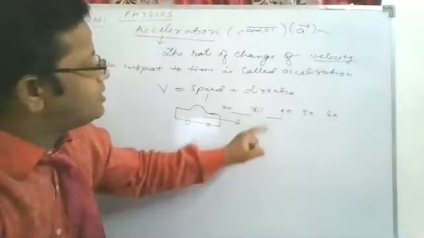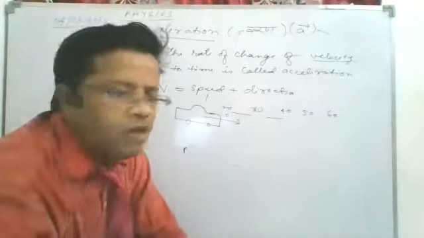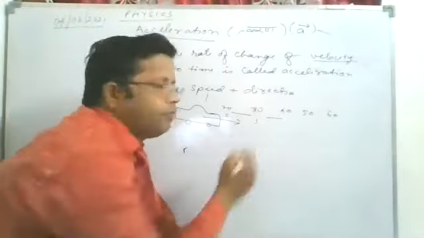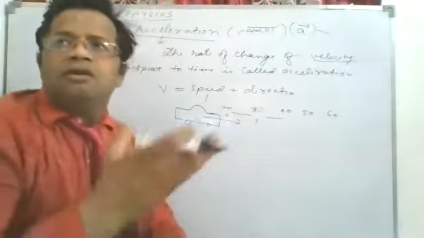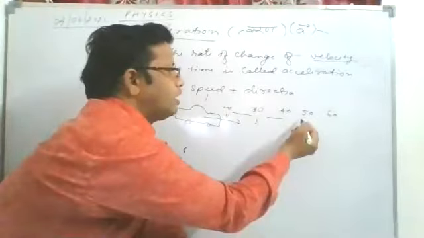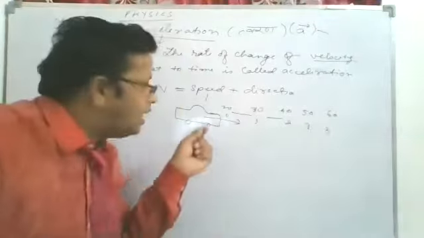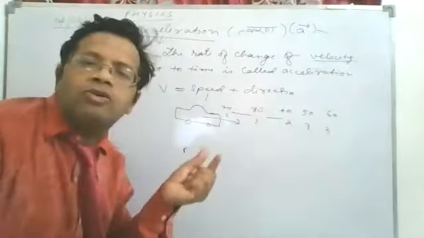At time 0 your initial speed was 20. After 1 second it becomes 30 meters per second, after the next second 40, then 50, 60. It means your speed increases by a fixed amount. So this is also an example of accelerated motion.